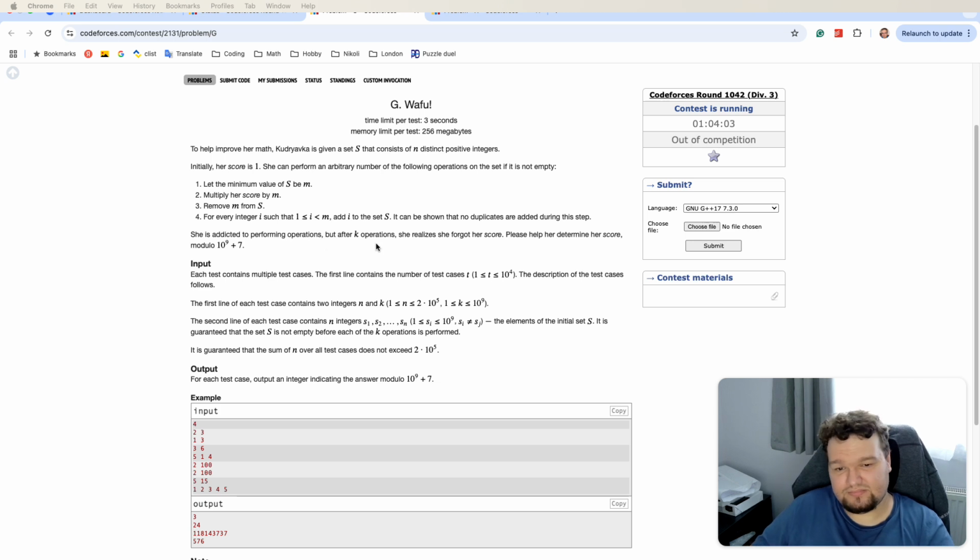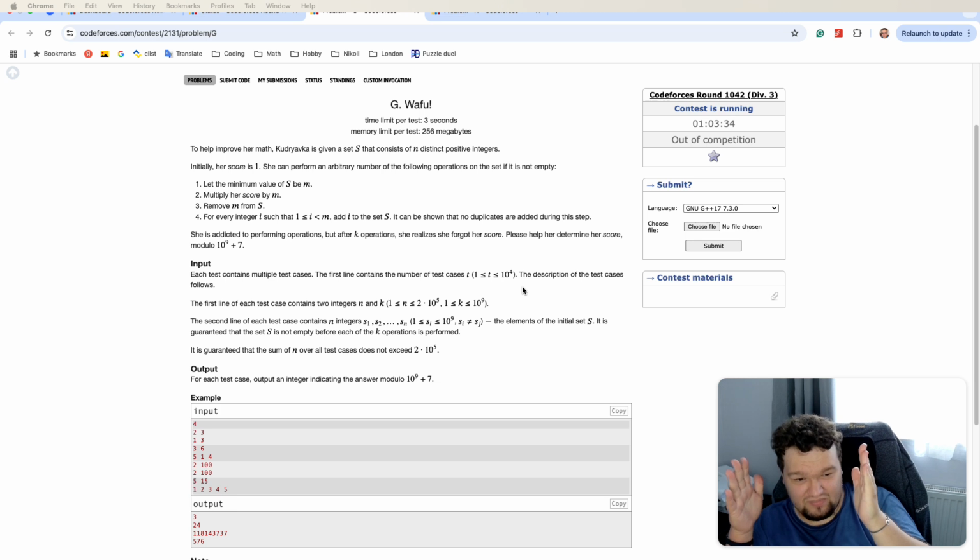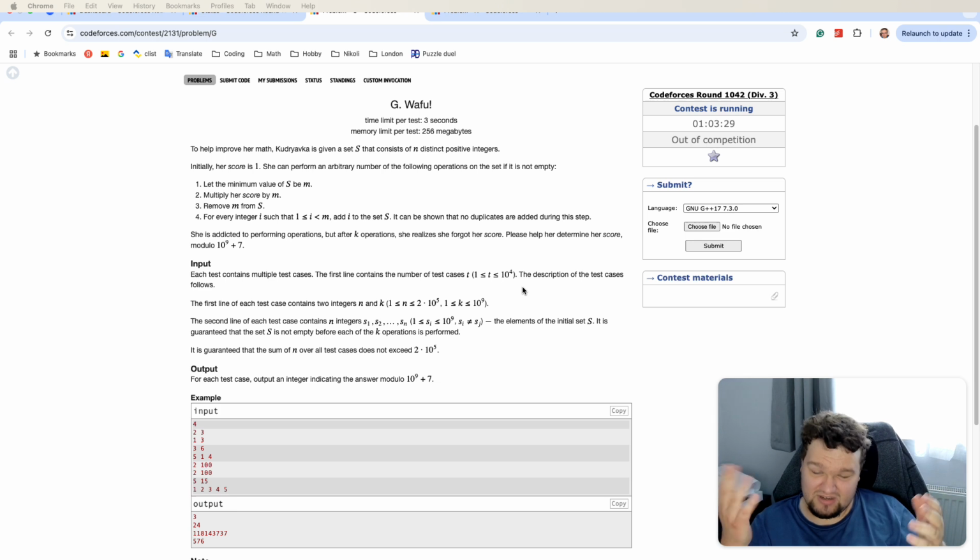But maybe that interpretation is not even very useful here. We probably just want to note that when we do some operation with some number, we remove that one, insert some smaller ones, and then we do operations on those newly inserted elements until we exhaust all of them.